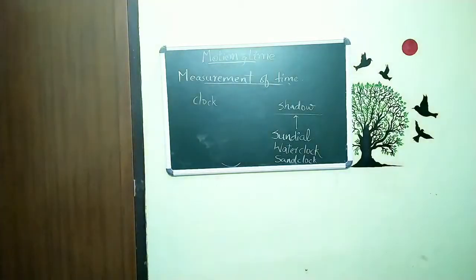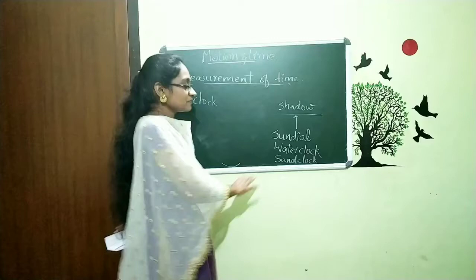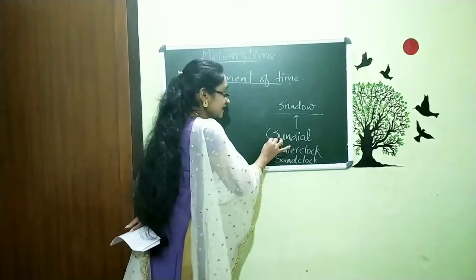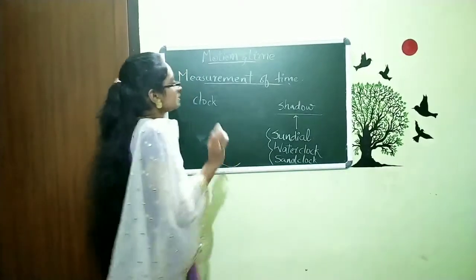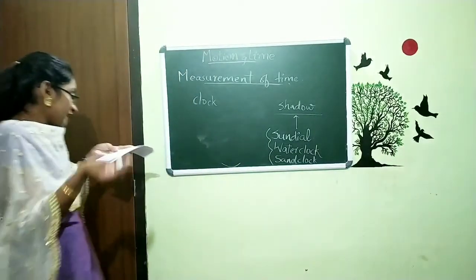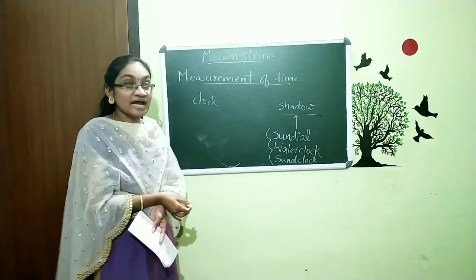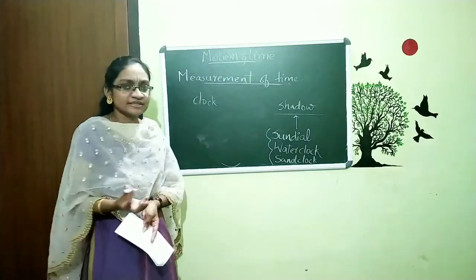You can see the diagrams of these on page number 149, and you just observe that. So just remember the names of these: sundial, water clock and sand clock. So this is all about the devices we used in ancient times to measure the time.